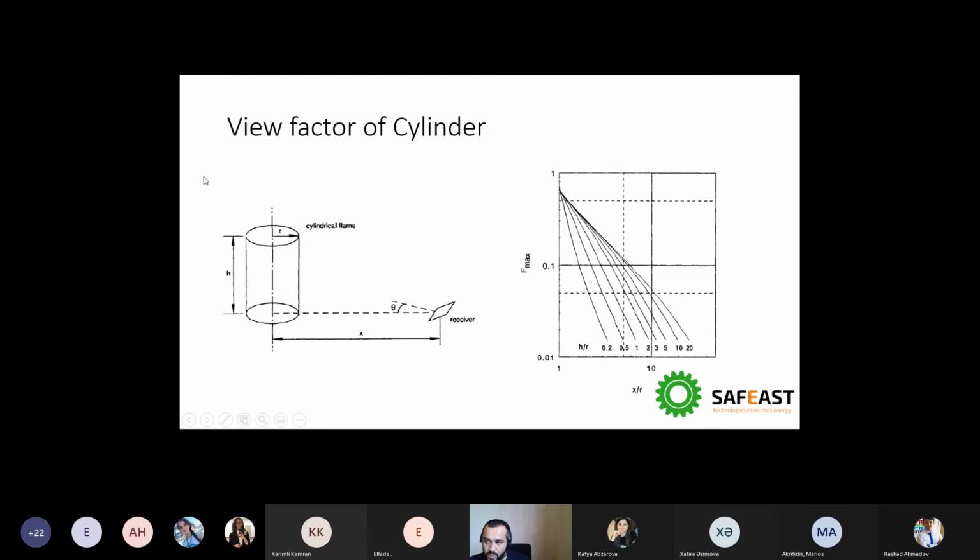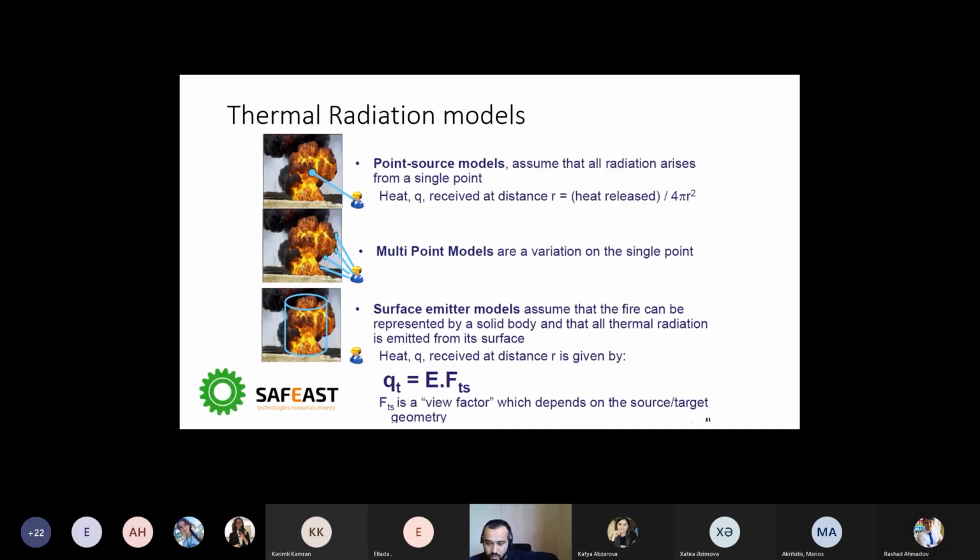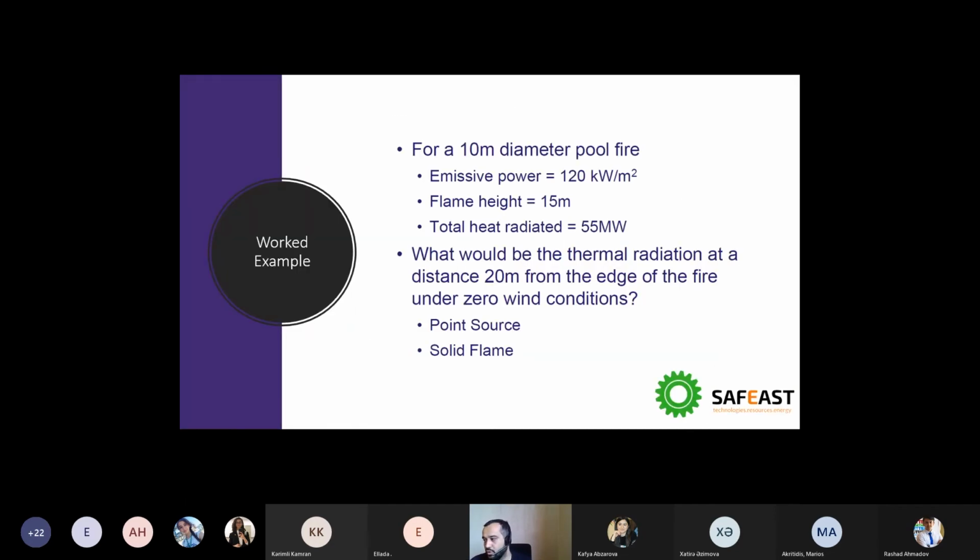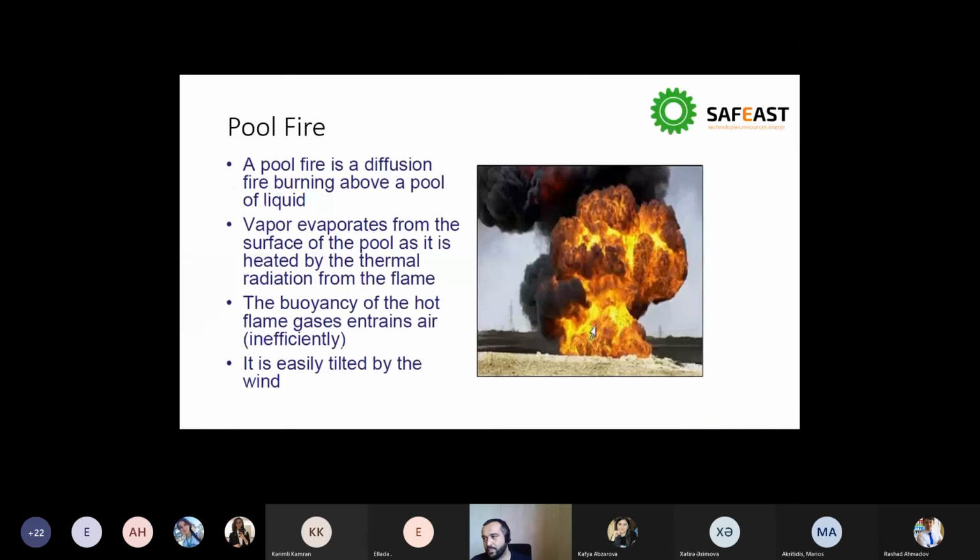But this is how you can calculate the actual dose received from a fire using surface emitter models, and as I said, this is one of the most used methods to calculate the heat received at any distance. So this is an example. You can just skip this for the sake of time.